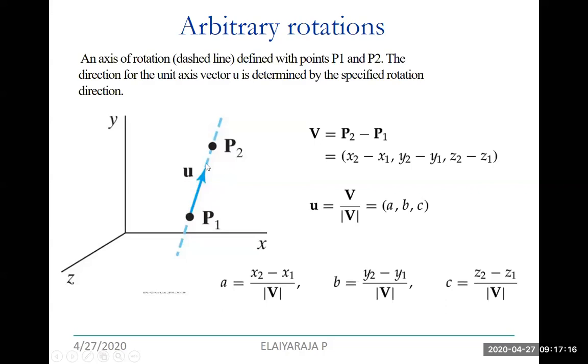Initially, consider the vector between the two endpoints P1 and P2. With respect to x, y and z, P2 minus P1 is (x2 minus x1, y2 minus y1, z2 minus z1).